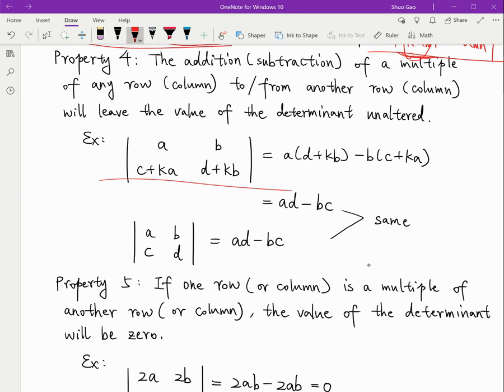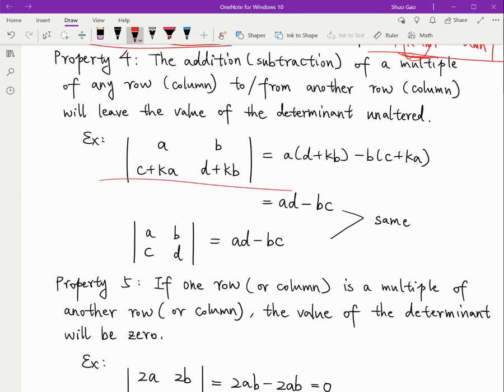You can see that for the second row, it says C plus KA and D plus KB. And A and B are just the elements in the first row, right? And for the second row, it just means that there's another two numbers, C and D, but each of them is added by K times the corresponding element in the first row.